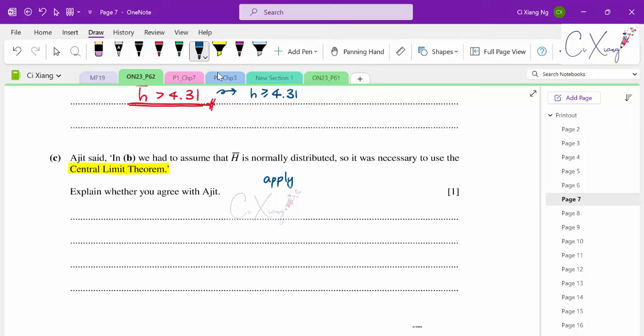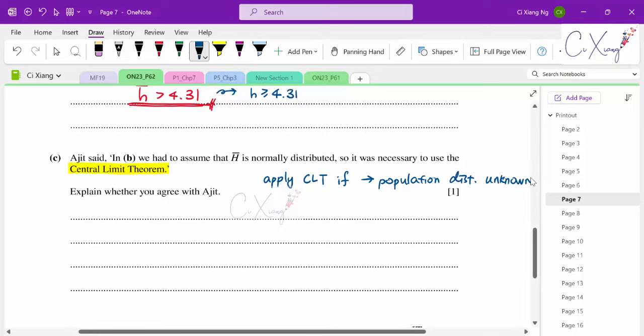We have to apply the central limit theorem if the population distribution is unknown, or it is not normal. If the population distribution is not normal, then we have to ensure that the sample size is large.